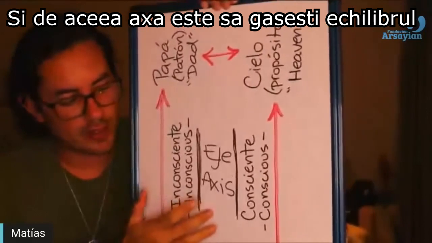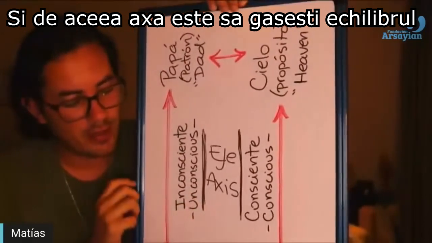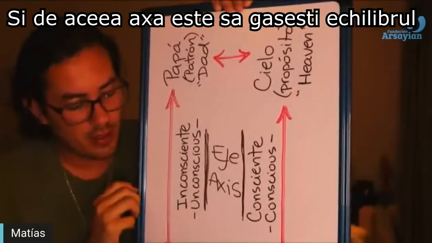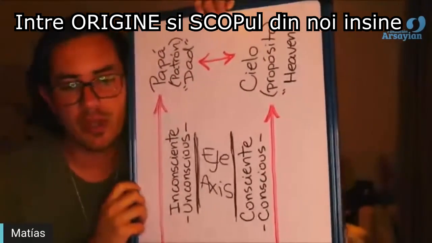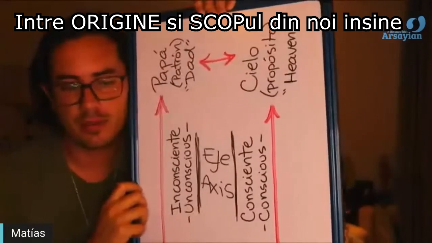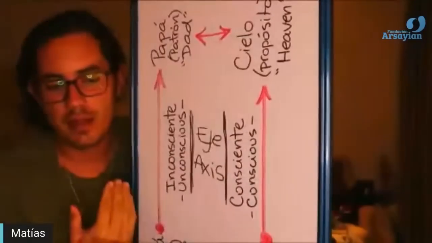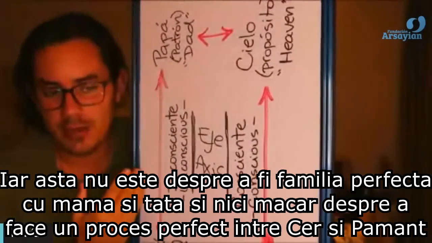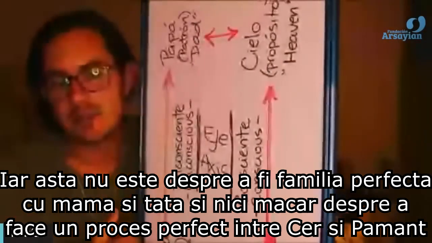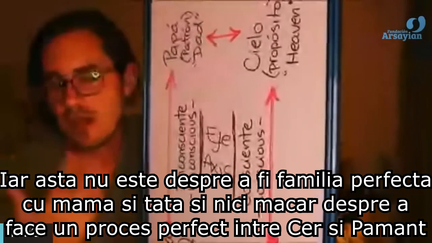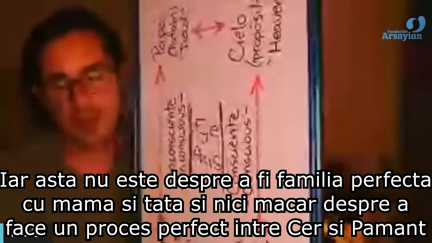This is why the axis is to find the balance between the origin and the purpose within ourselves. This is not about being the perfect family with mom and dad or doing the perfect process through heaven and earth.